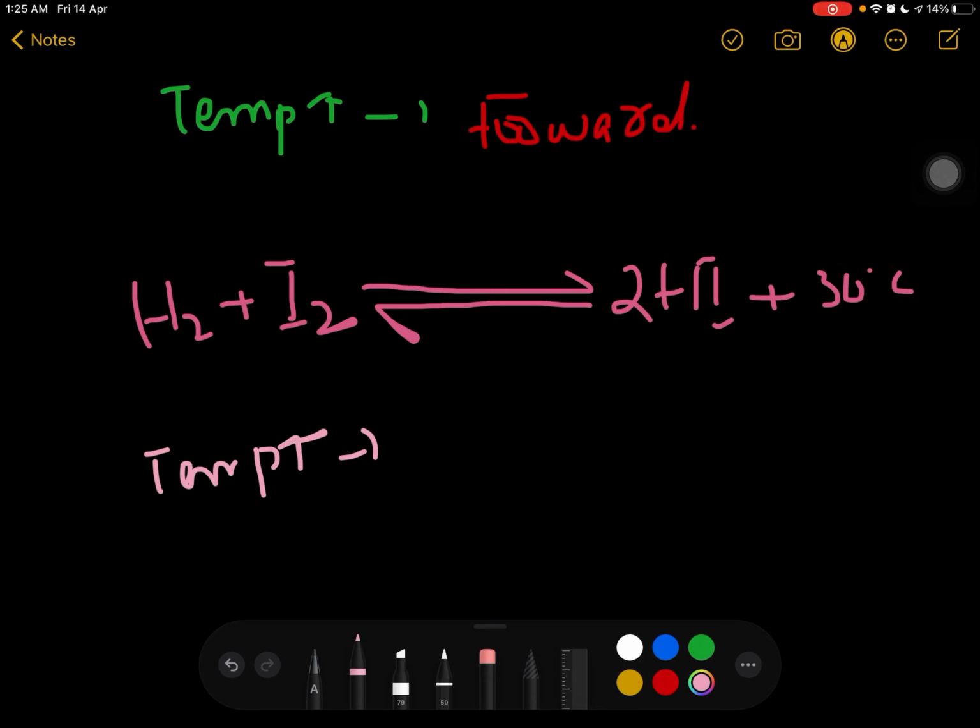The reaction will be directed to where the absorption of heat takes place. As you can see, this is an exothermic reaction, where heat has been released. So the backward reaction will take place if we increase the temperature.